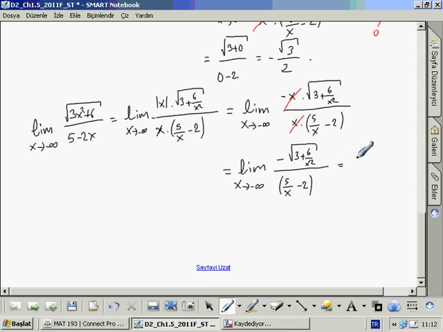So it will be minus the square root of 3 over minus 2, so it will be the square root of 3 over 2. And as you see, this part is negative but this part is positive. Both of them are not equal to each other.